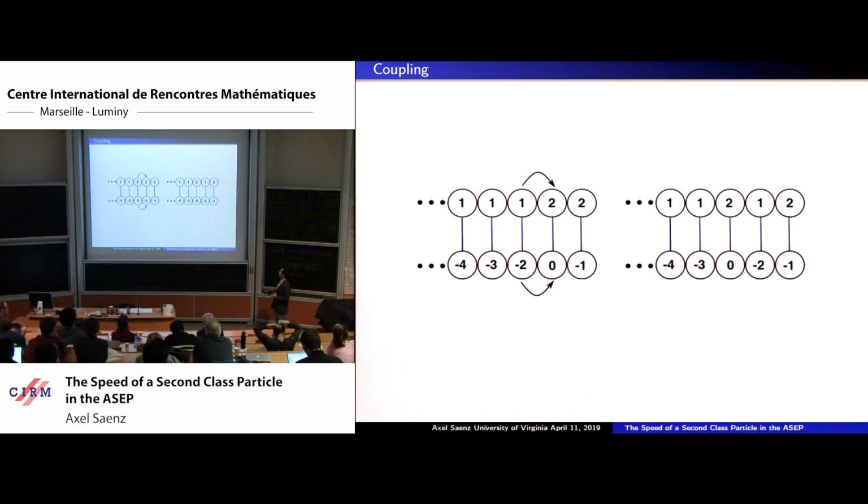Then, given the first move, if we have another move of the first-class particle, and both can move, then we're going to move them together. What's going to end up happening is that in the rest of the evolution of both processes, whatever happens, this second-class particle is going to be stuck with the zero-class particle.